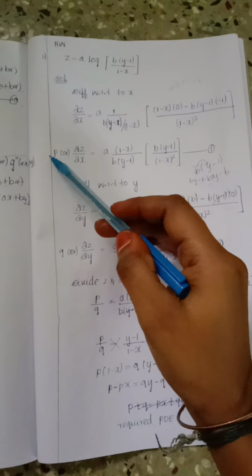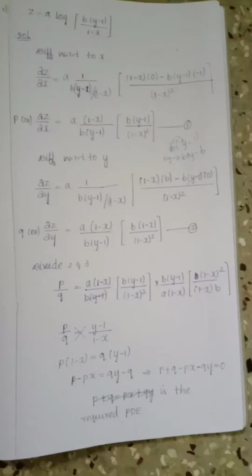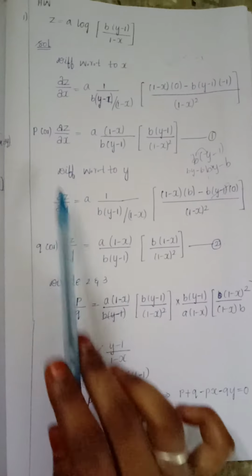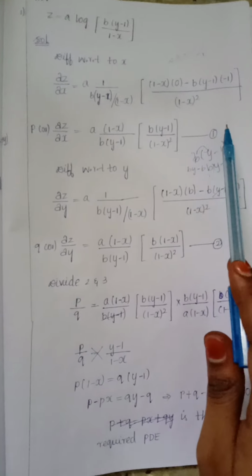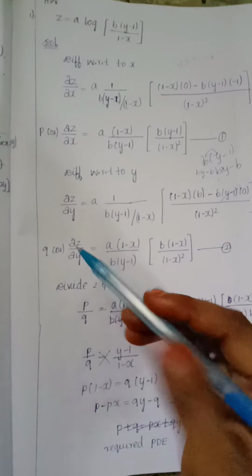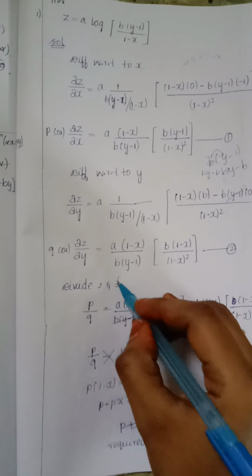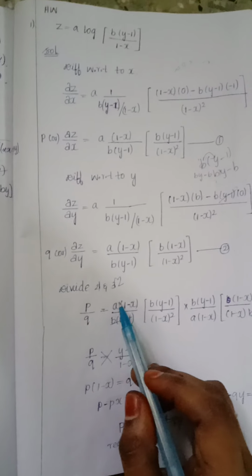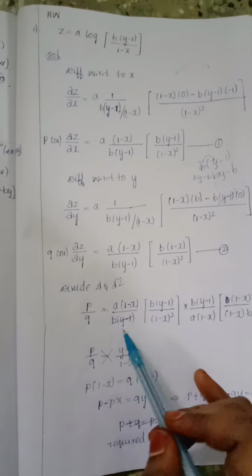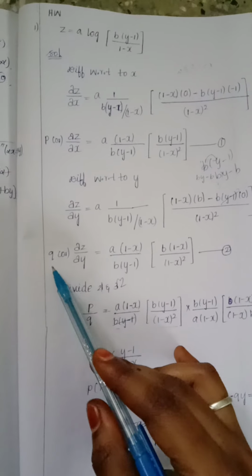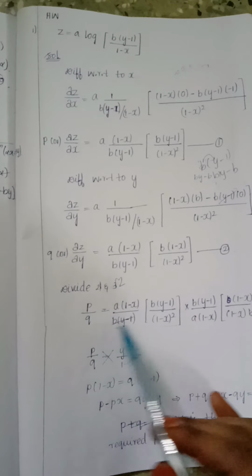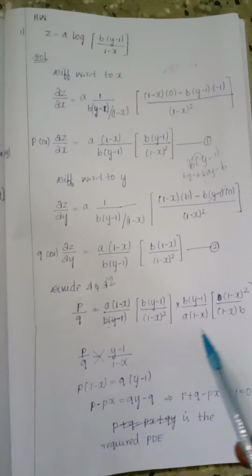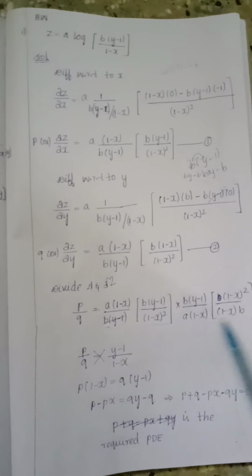And if we want to find the ordinary form of the differential equation, we divide p and q, that is, divide equation 1 by equation 2. We get p by q equals a into the same terms as written, and for q, the numerator goes to the denominator and the denominator goes to the numerator.